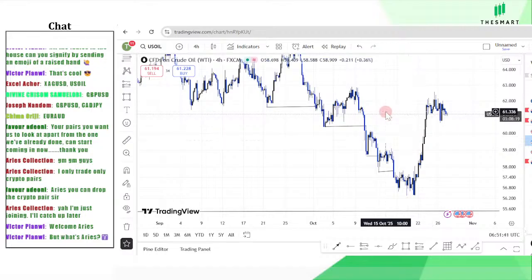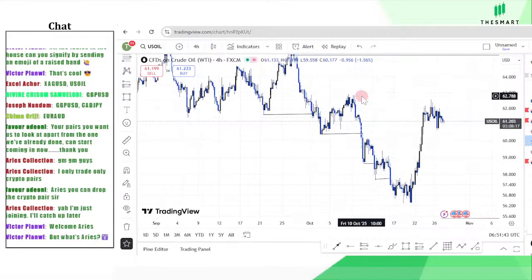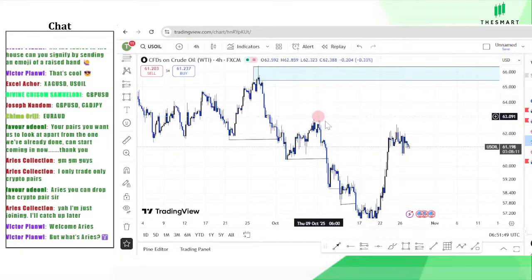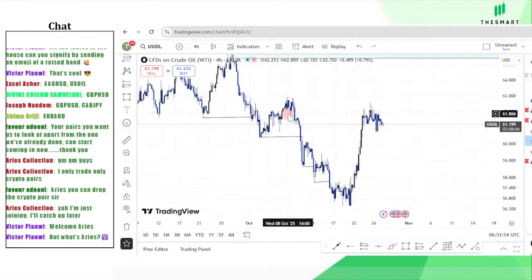That's what we have on the 4 hours. So this will be our inducement. This will be our inducement. I want to see price break above this high and continue to the upside.